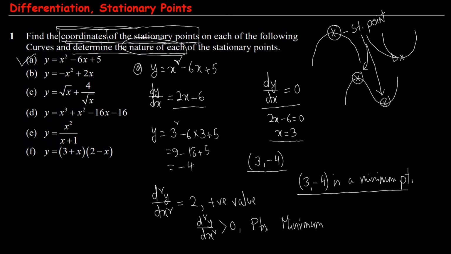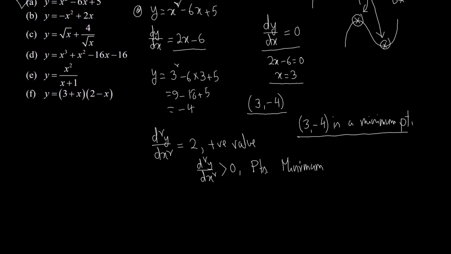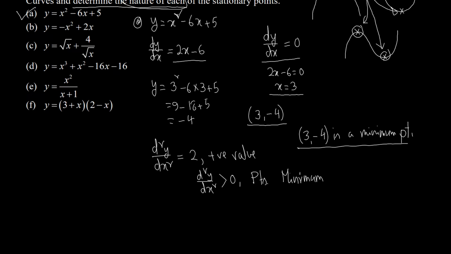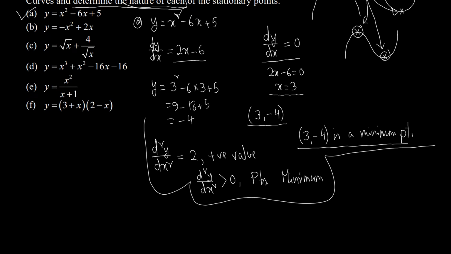Let's go for another one. I'm going to show part B as well. If I consider equation B, the same working applies. For B we have to differentiate first. Let me differentiate dy by dx. The value we get is minus 2x plus 2. Now we set it equal to 0 to get the value of x: minus 2x equals minus 2, so x equals 1.